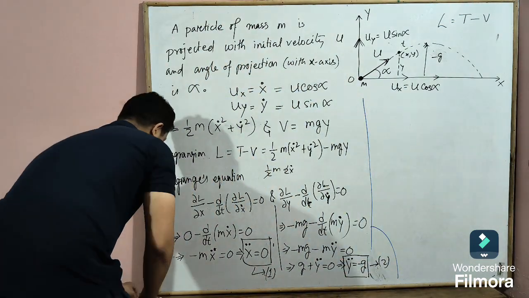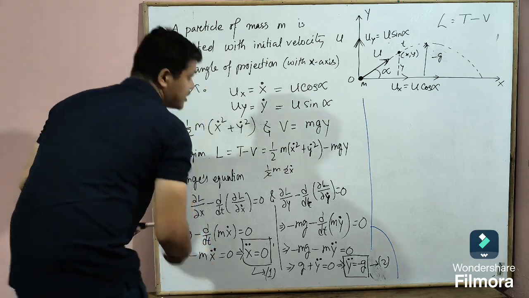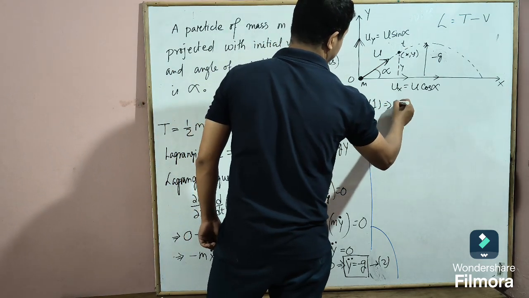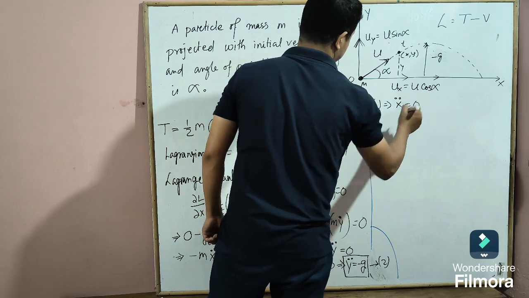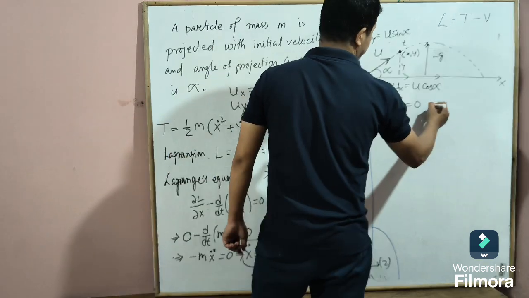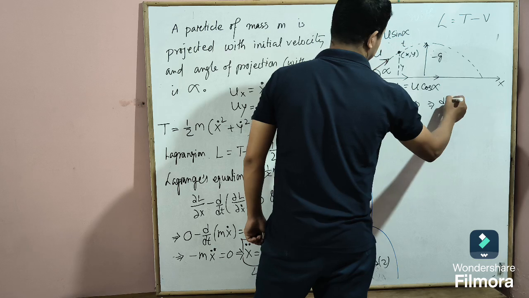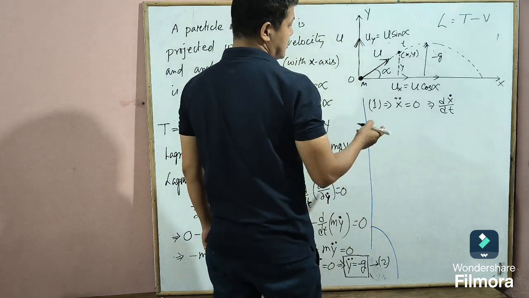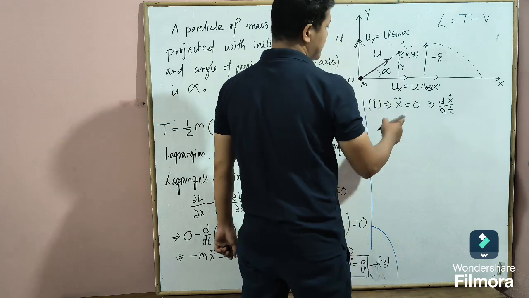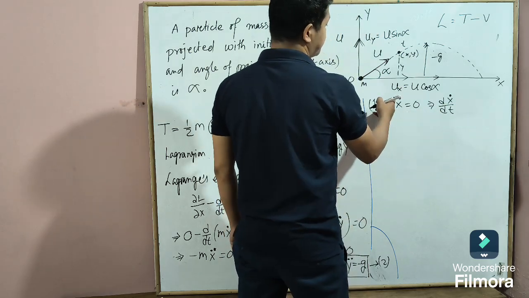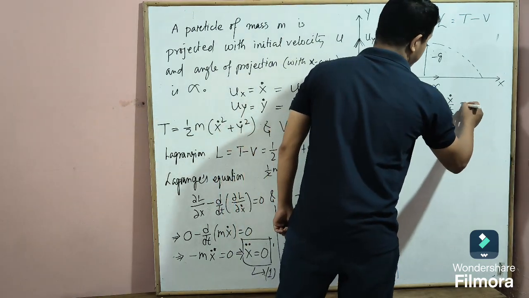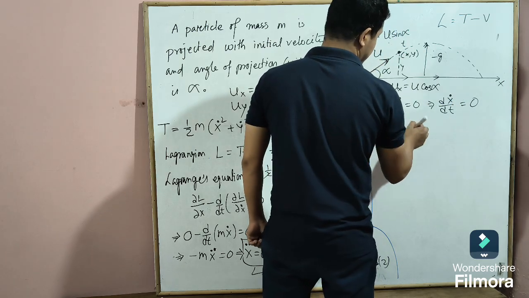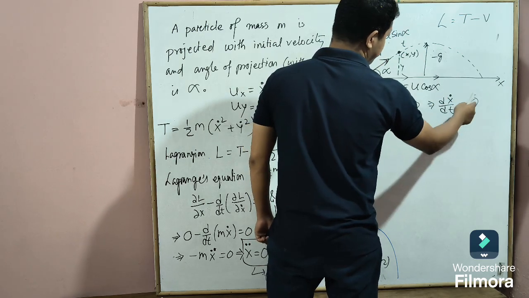Now let us take equation number 1. From equation number 1, we are getting x double dot is equal to 0, right? x double dot means dx dot by dt. Instead of the differential coefficient, we put a dot here. So if you integrate it, d by dt of x dot is equal to 0.